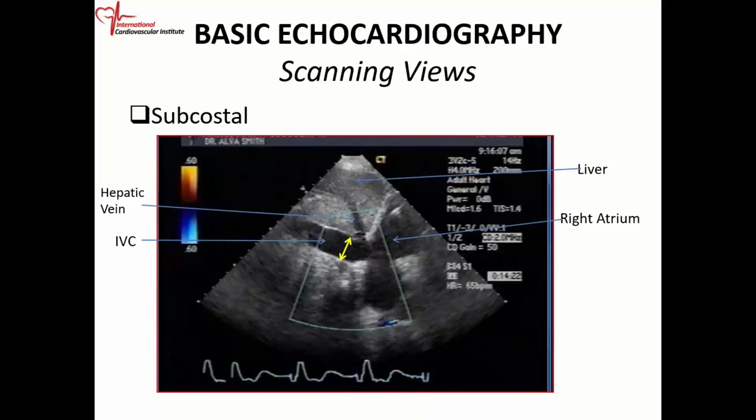Then we have to measure. It's very important to measure the IVC, because by measuring it, we can deduce the right atrial pressure, and it's very important to report the right atrial pressure in most patients that come to the echo lab, because if someone has pulmonary hypertension, you have to correctly determine the right atrial pressure, and even for normal patients, you should do it as well.